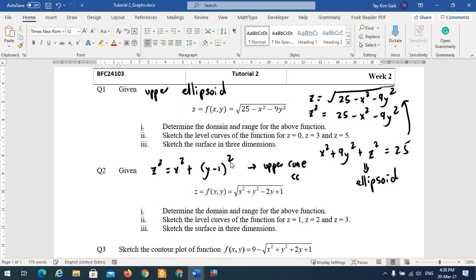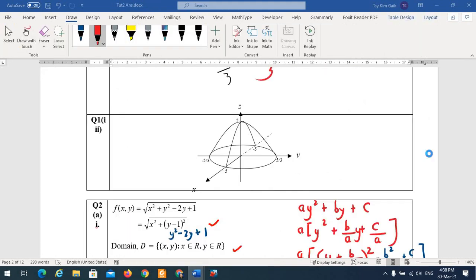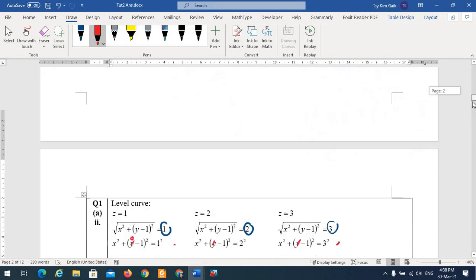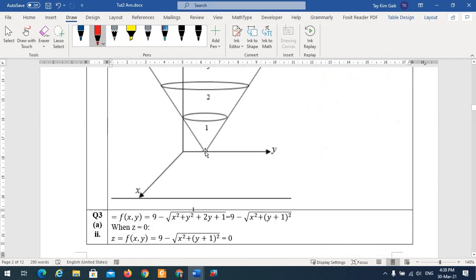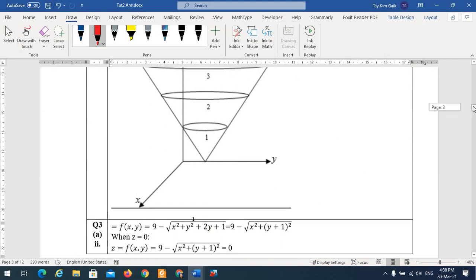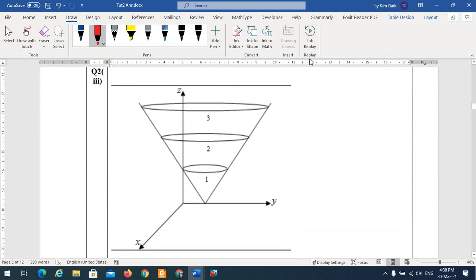The upper cone is centered at x is 0, y is 1, and z is 0. Yesterday I gave you z squared equal x squared plus y squared.